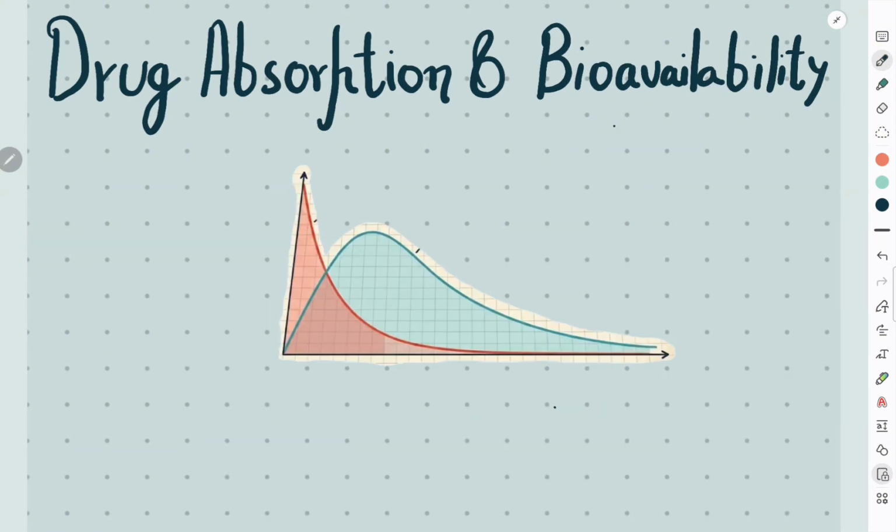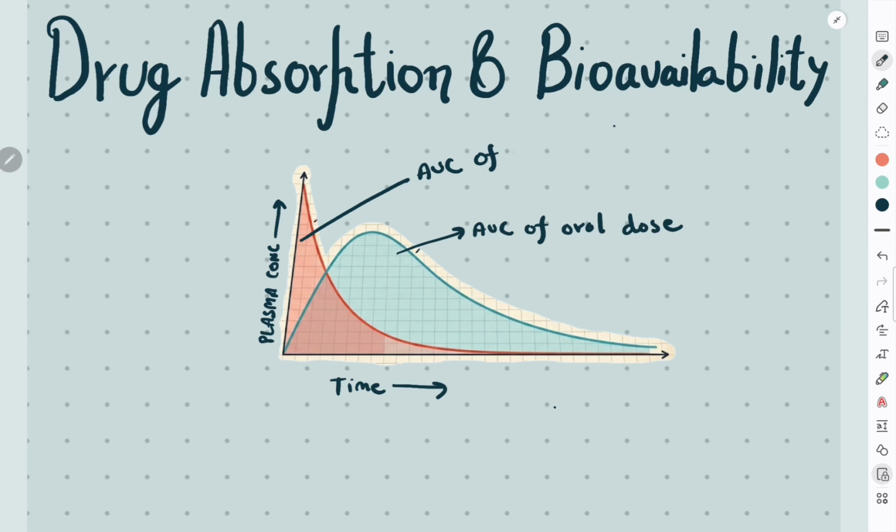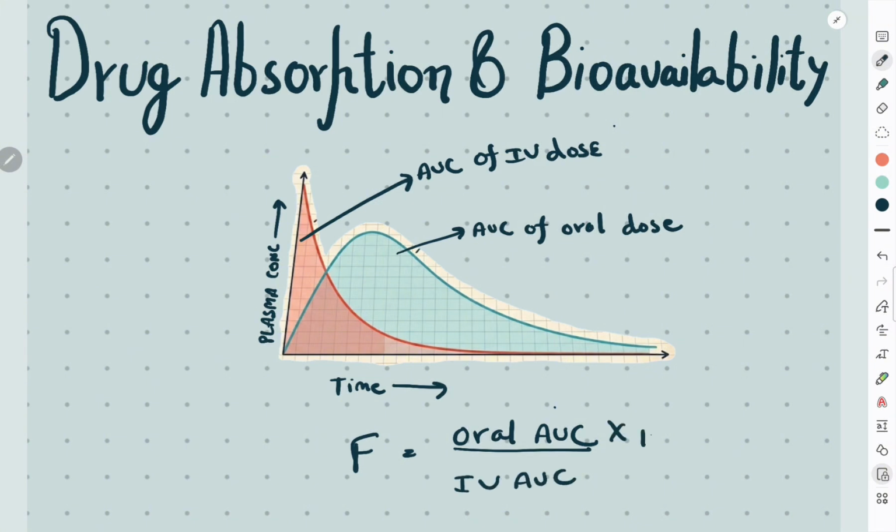On a classic exam chart, if you plot plasma concentration over time, you can visually calculate bioavailability by comparing the total area under the curve, or AUC, of an oral dose against the AUC of an intravenous dose using the formula oral AUC divided by intravenous AUC multiplied by 100.